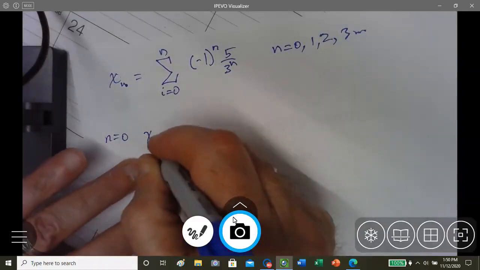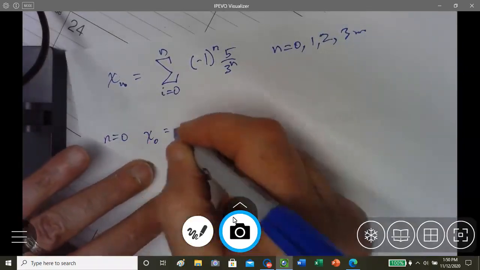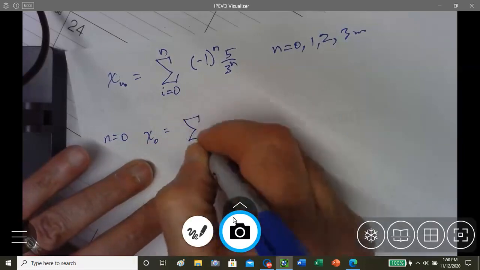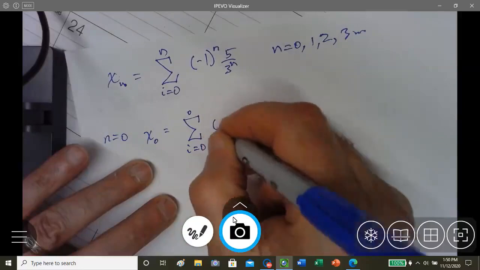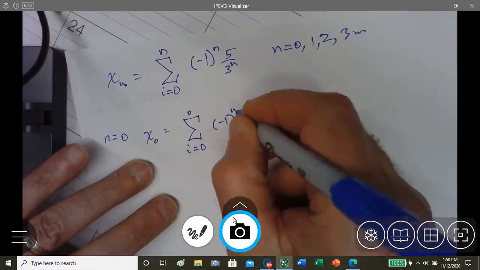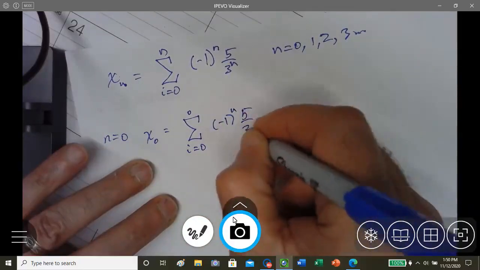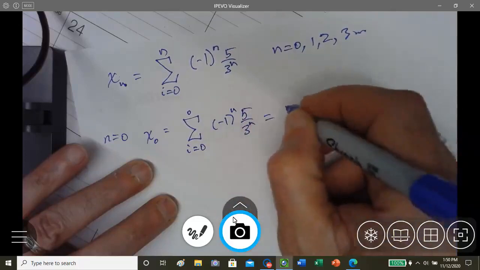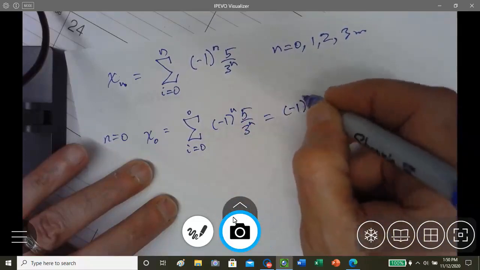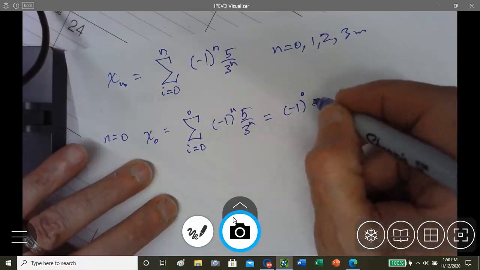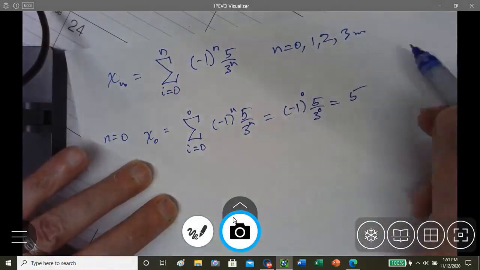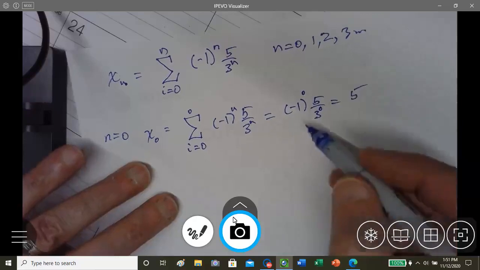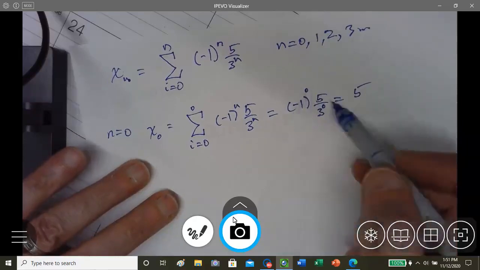That would make us x sub 0 equals the summation of i from 0 to 0 of negative 1 to the n times 5 over 3 to the n. And so that's negative 1 to the 0 times 5 over 3 to the 0, and that just leaves us with 5, because anything to the 0 power is 1, right?